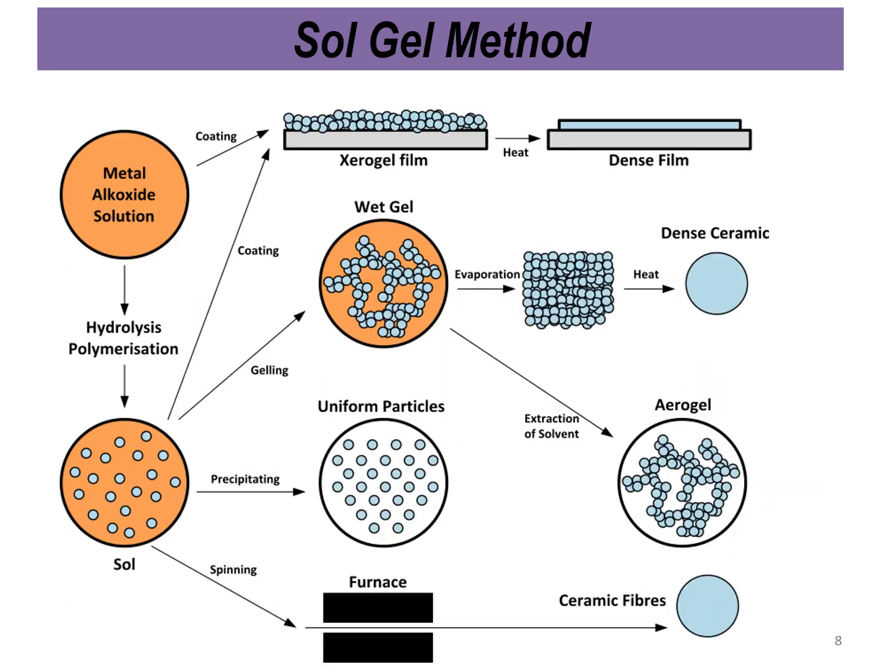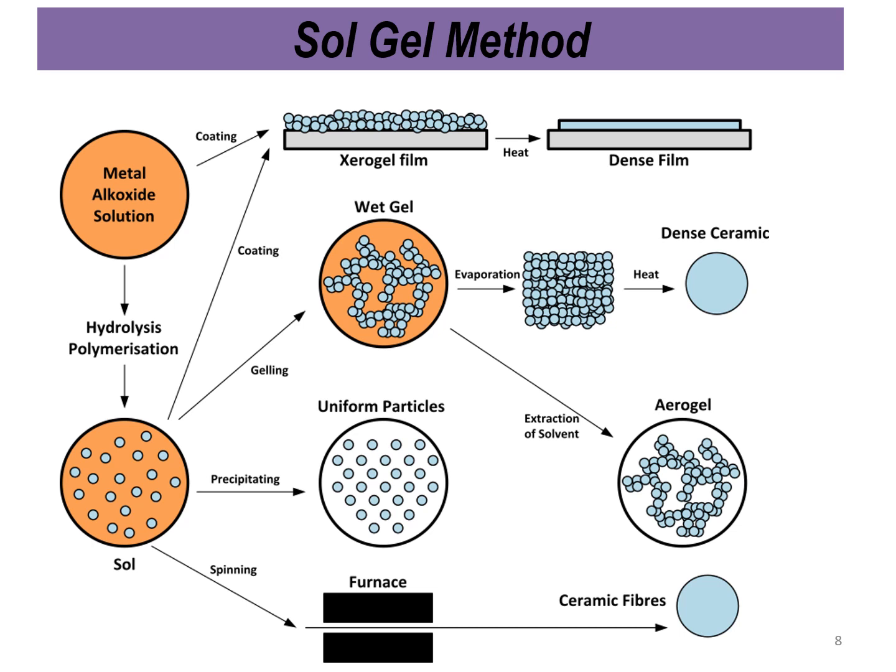This is also another pictorial representation of the sol gel method. We start from the metal alkoxide solution. We can coat it on a substrate, and that coating results in the xerogel film.